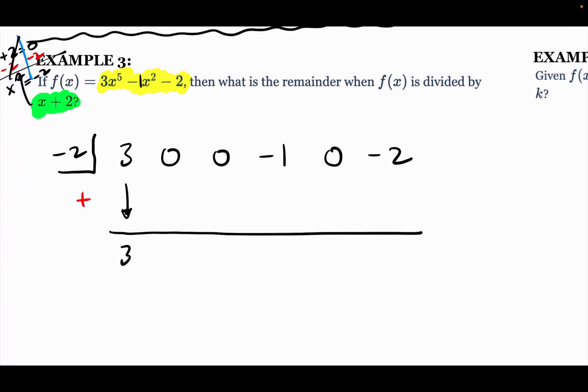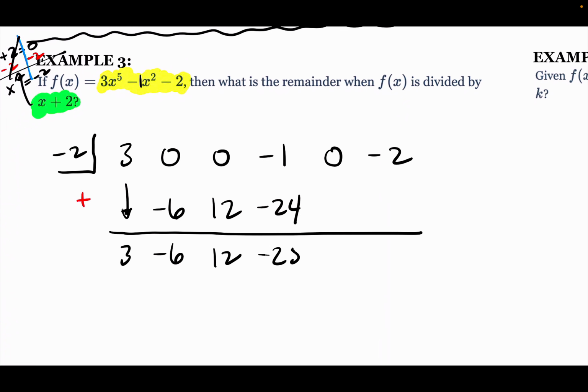Negative 2 times 3 is negative 6. 0 plus negative 6 is negative 6. Negative 6 times negative 2 is positive 12. Positive 12 times negative 2 is negative 24.